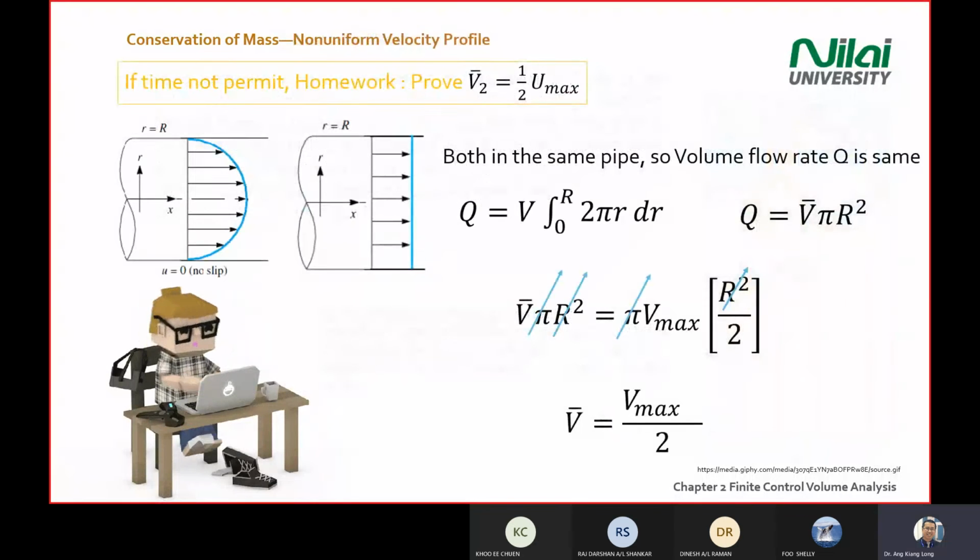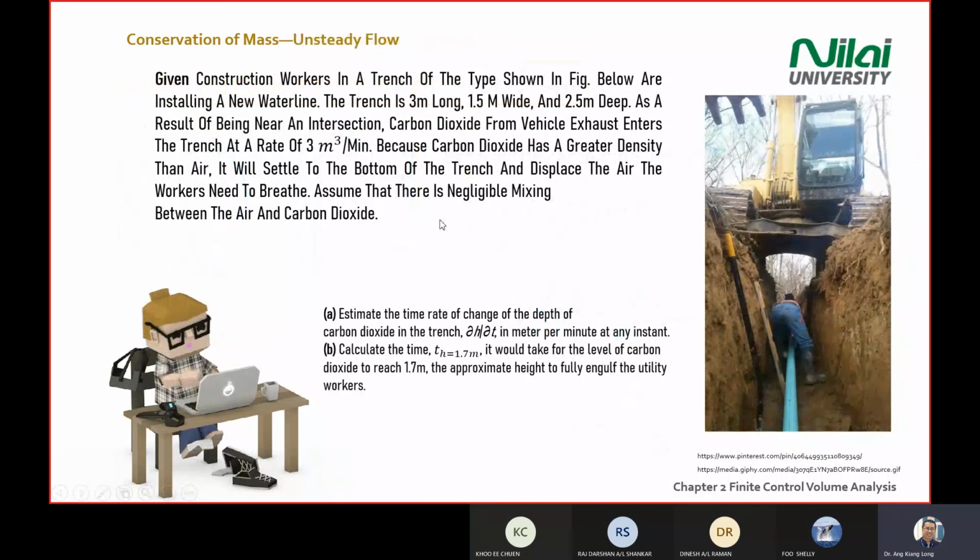All right, the next example will be more application, a real life scenario. What we have here is a construction worker. Look at the photo on your screen: there's construction happening, and somebody dug a channel to feed the cable and so on.